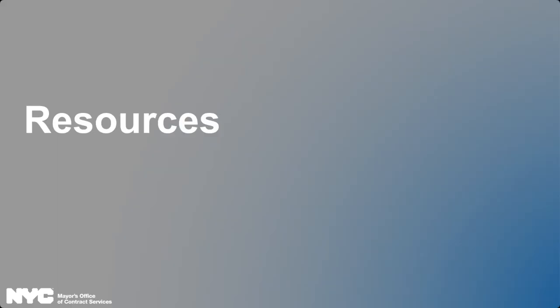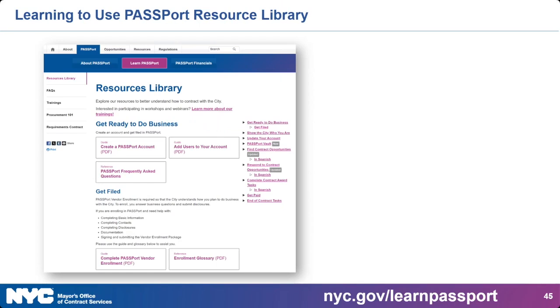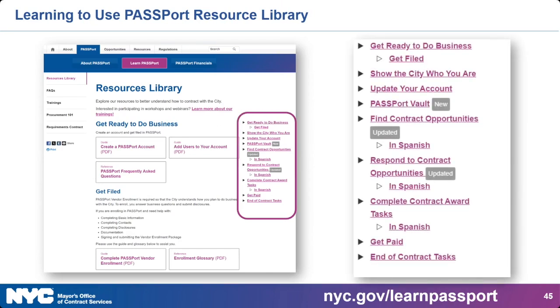So let's talk resources. You can access our Learning Resources Library page by visiting nyc.gov/learnpassport. On that page, we recommend using the panel on the right to get to the topics that you're interested in. You will also be able to find some resources in Spanish.